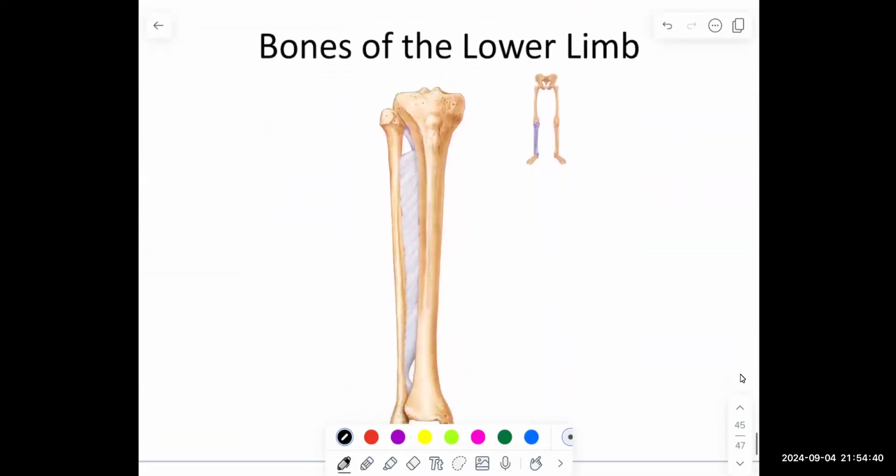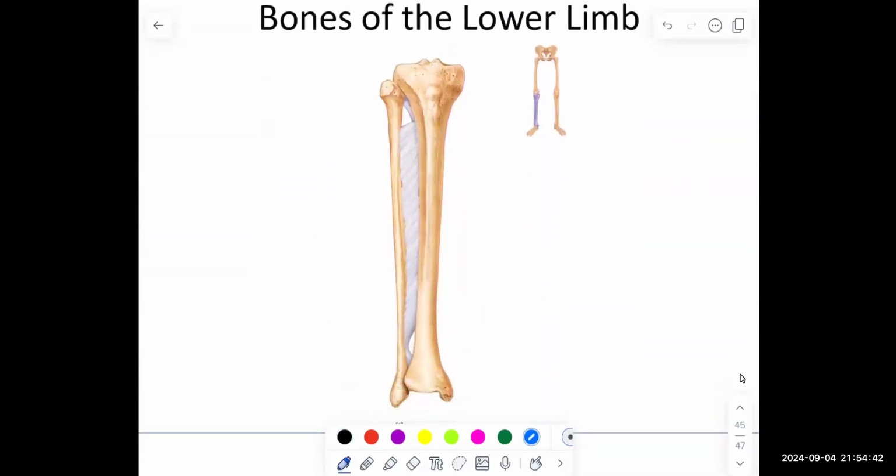Your leg region has 2 bones. Which one's the big one? Tibia. Which one's the thin little one? Fibula. Here's what I don't want to see: tibula. It's not a bone. Okay. The tibia is always medial.